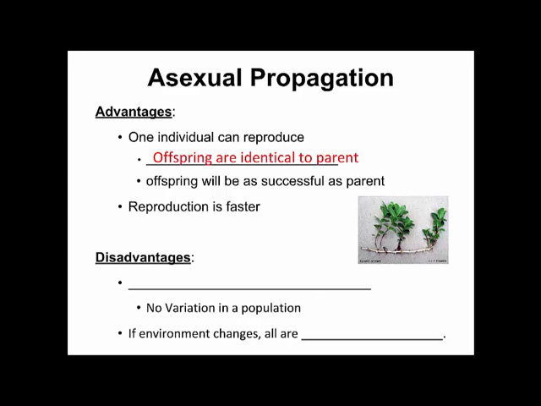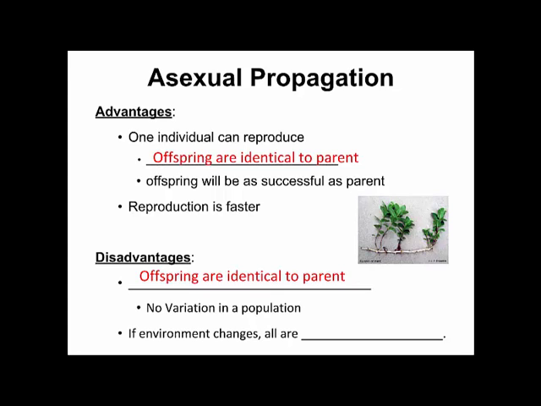It's an adaptation because it can happen pretty quickly. Grass can reproduce quickly by just growing a stem underground and popping up a new plant, rather than waiting for pollination and the growth of a seed and so forth. So asexual reproduction can happen quickly, but as we know, it doesn't add any variation to the population. The offspring are identical to the parent.